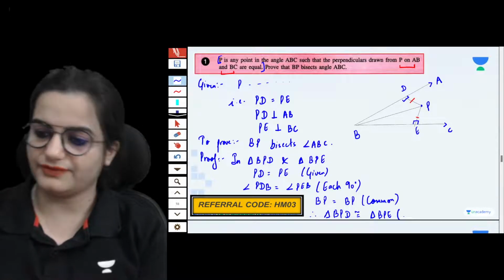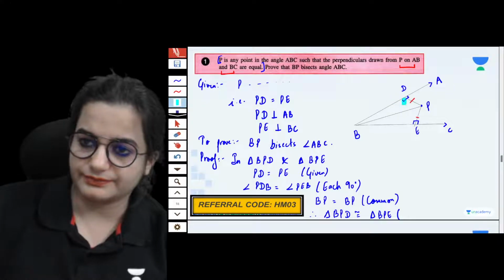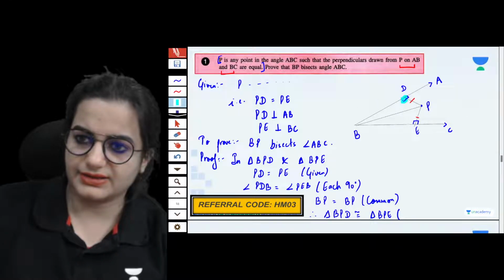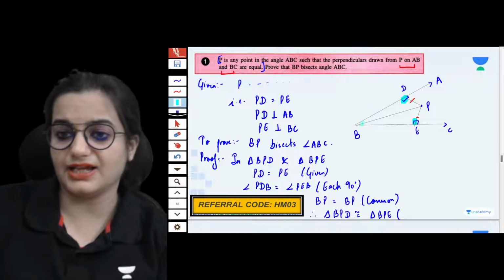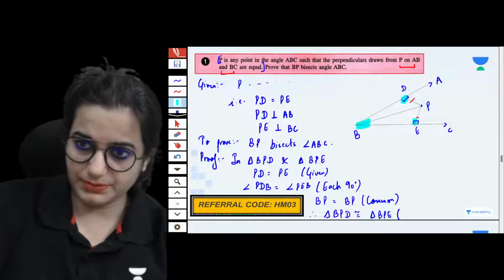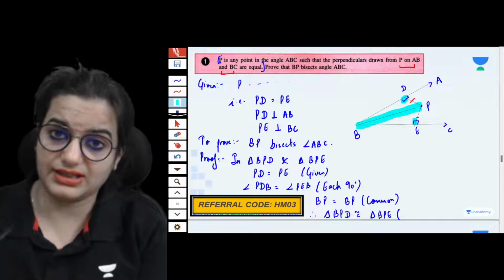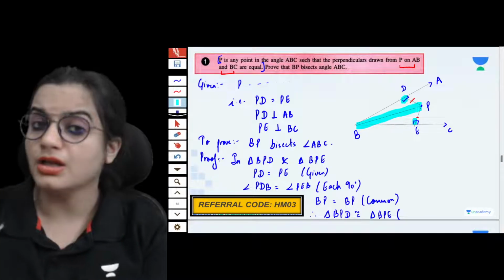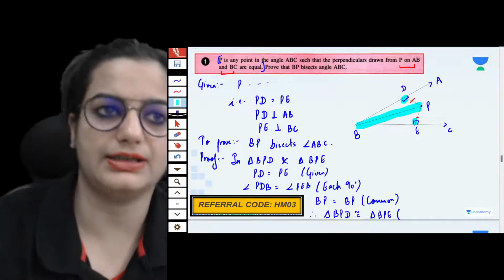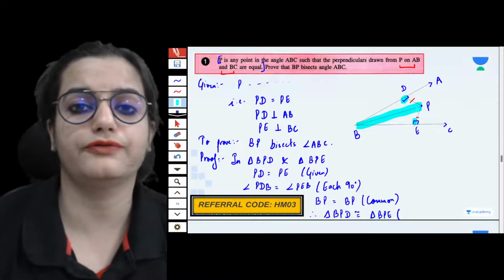BP is common in triangle, very good. If we are taking this as 90 degree, this as 90 degree, and we are taking BP common, we can say that this is the hypotenuse, opposite to 90 degree. जब भी आपका opposite to 90 degree, that means hypotenuse आ रहा है and 90 degree आ रहा है, first of all you will go for RHS.